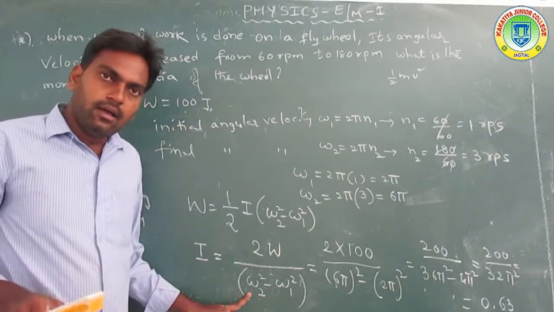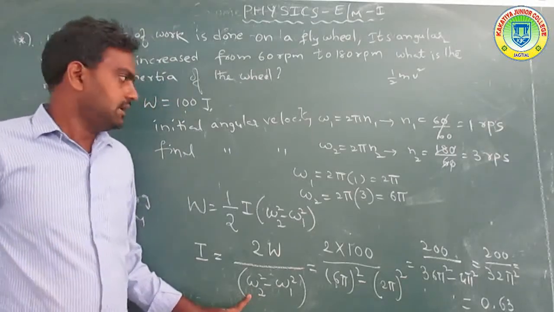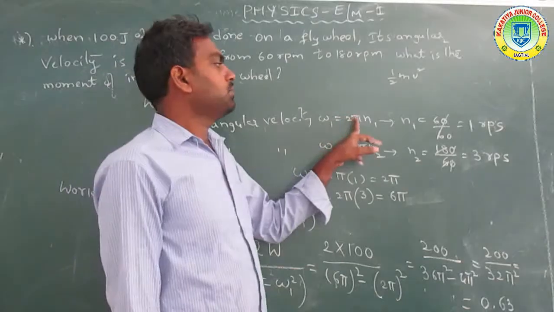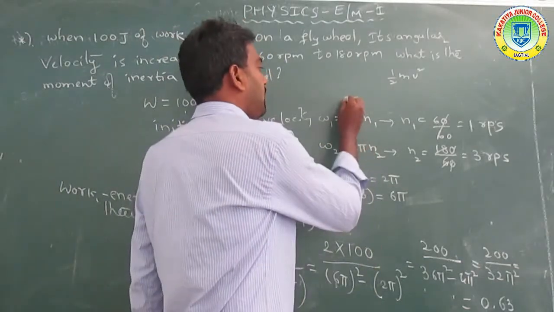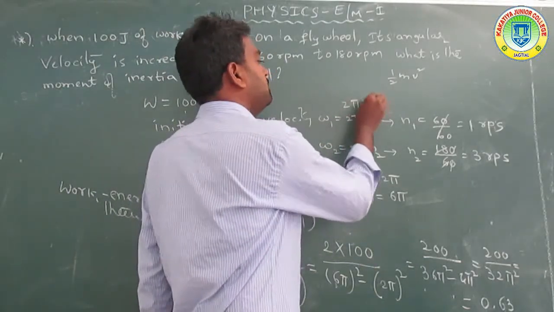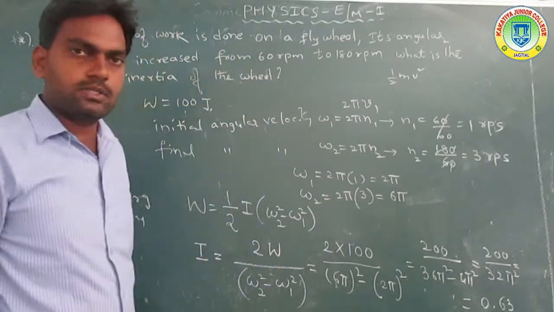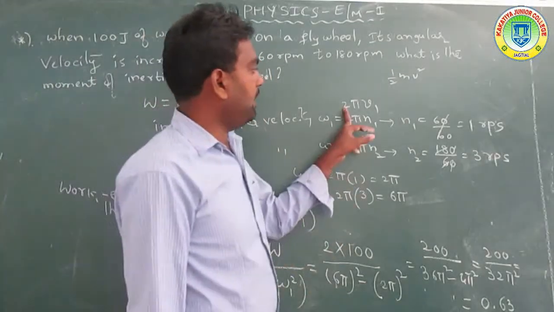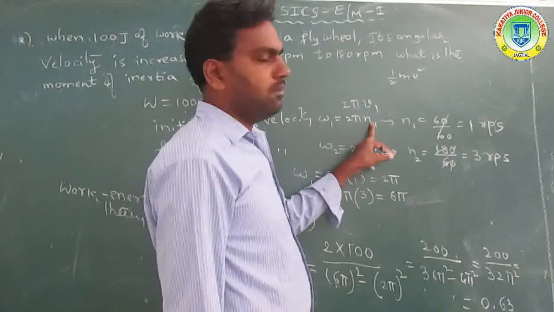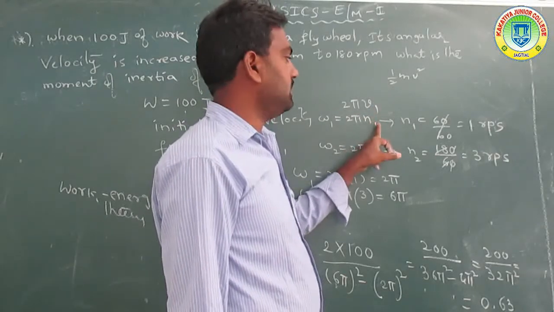Omega is the angular velocity, equal to 2 pi N1, where N1 is the frequency.